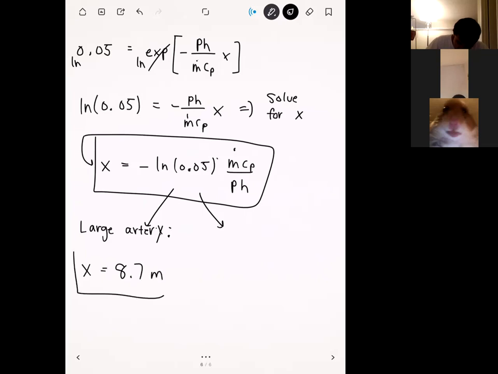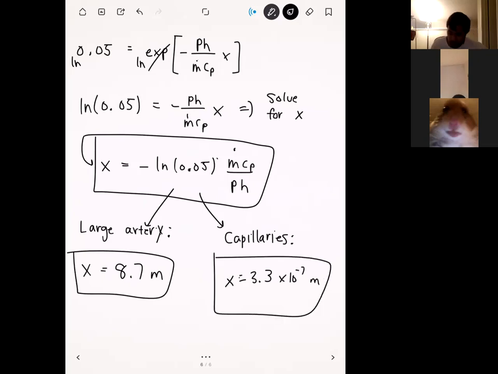Okay. And then for the capillaries, x is equal to 3.3 times 10 to the minus 7 meters. Okay.